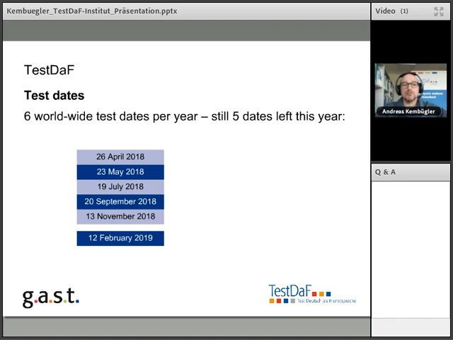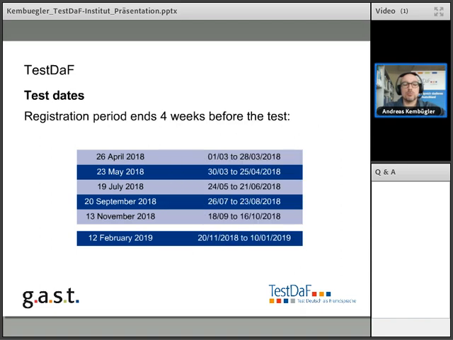So you have fixed test dates, and to take the test on one of these test dates, you have to apply right before the test. There is a registration period where you can apply for the test, and this application period will generally close 4 weeks before the test.